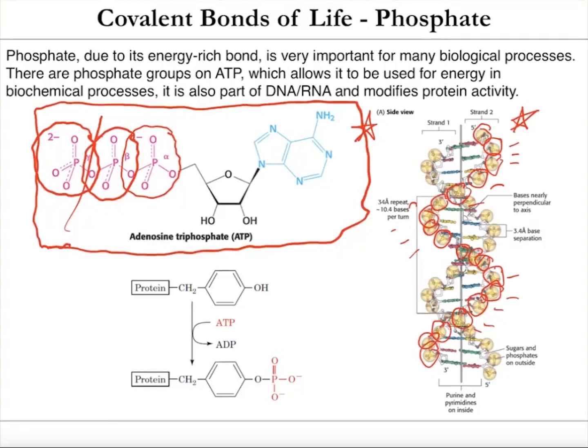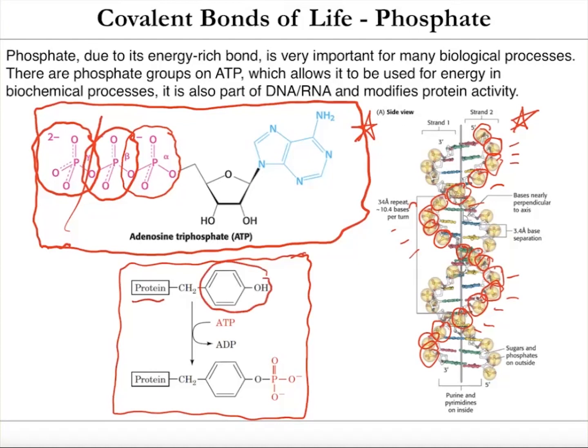And the last thing that phosphate is really important for is that it can be added onto proteins to sort of change the structure or the function of that protein. So here we have a protein, and then you have this amino acid sticking out. Well, it's got this OH group, and you can stick a phosphate molecule on the end of that.